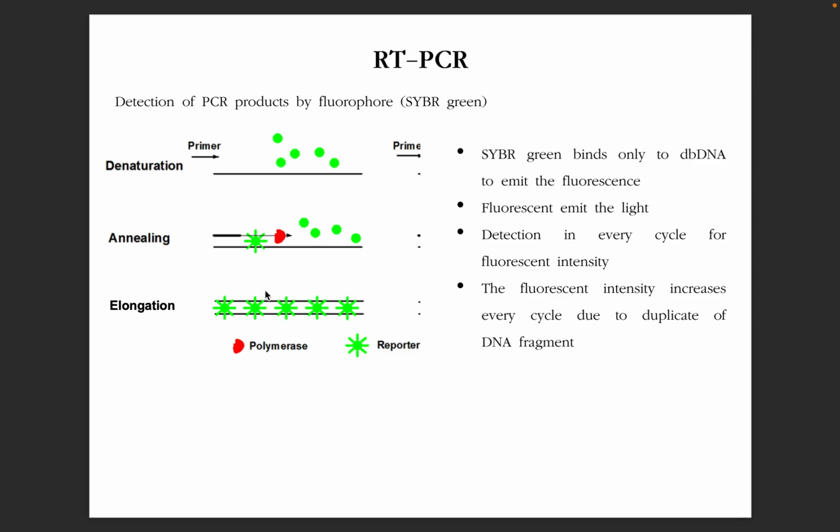At the end of the elongation phase, cyber green binds to the PCR product and emits fluorescent light. The fluorescent intensity is measured in every cycle after the end of the elongation phase. The fluorescent intensity increases every cycle due to the duplication of the PCR product or the DNA template.